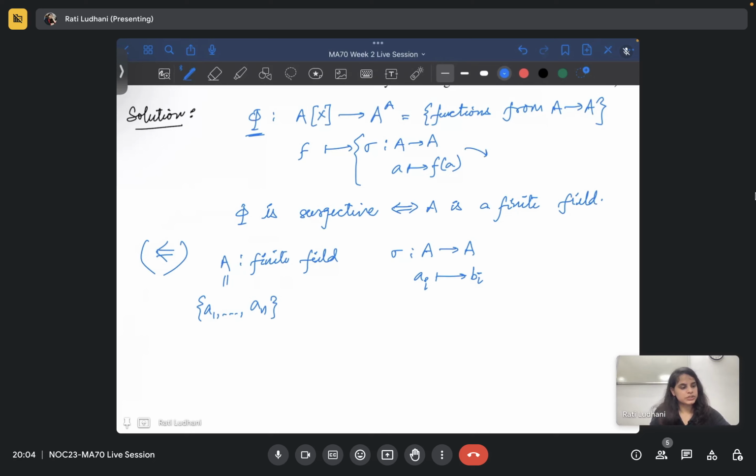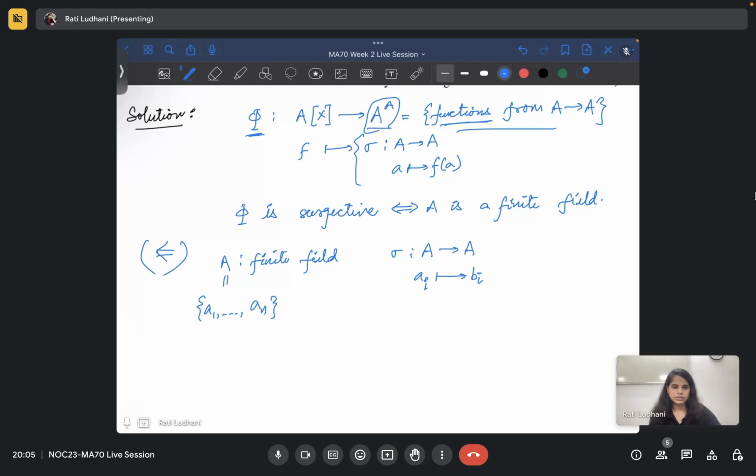That will be a homomorphism, but for a general function you cannot say 0 will map to 0, or that f of a plus g of a behaves in some way. The point is, these are just functions. Any element can map to any element. There's no restriction as such. So you take sigma.